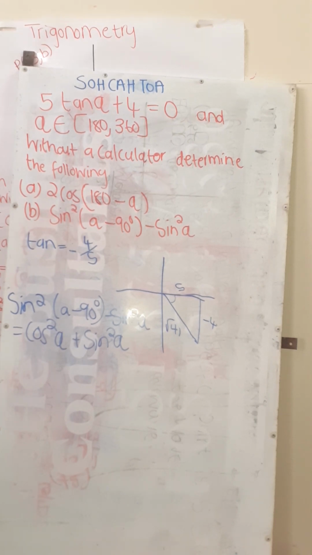And then from here we can substitute what the cos is, adjacent over hypotenuse, as well. So that's what we will use. That is 5 over root 41 squared plus sine, which is opposite over hypotenuse.